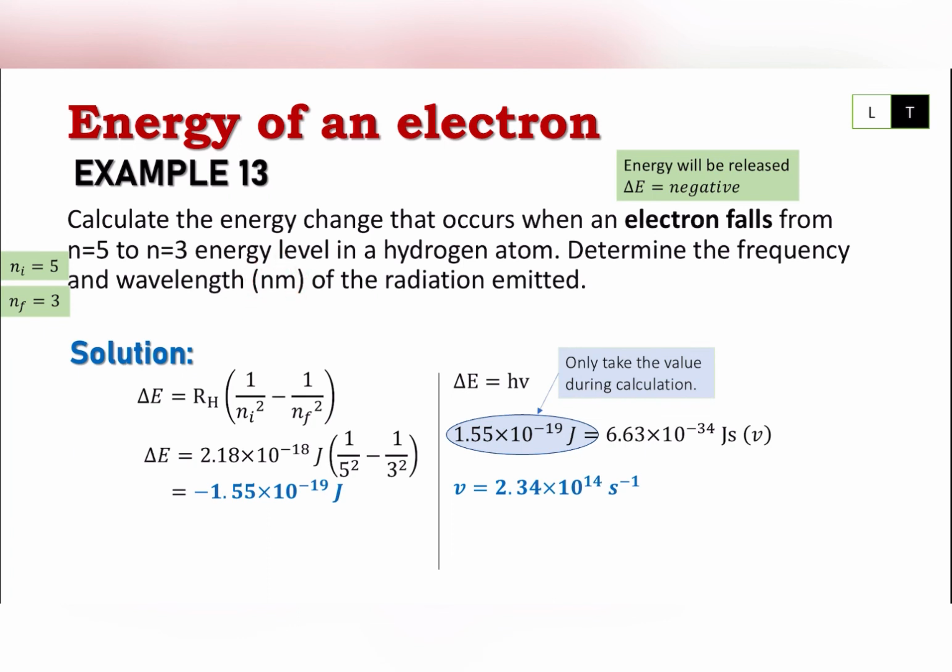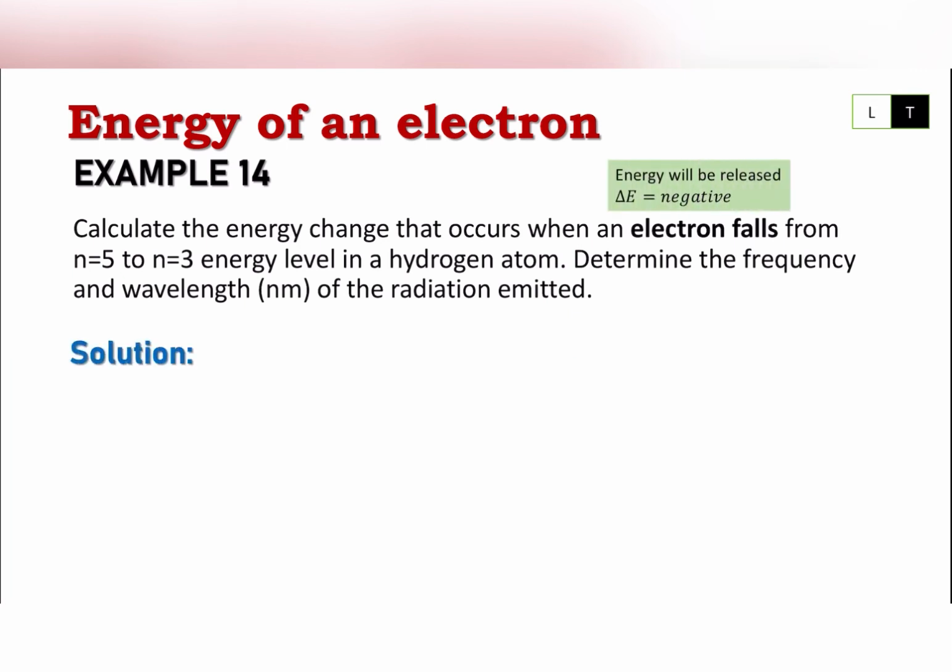I'm going to continue in the next slide for the wavelength, where you have all the information from just now. To determine the wavelength, frequency equals speed of light over lambda, so the value for lambda is what I'm looking for.